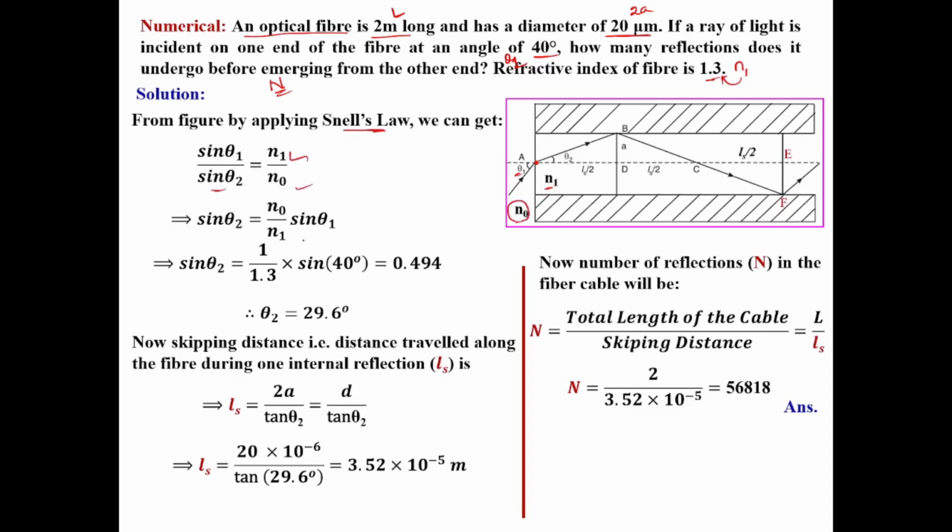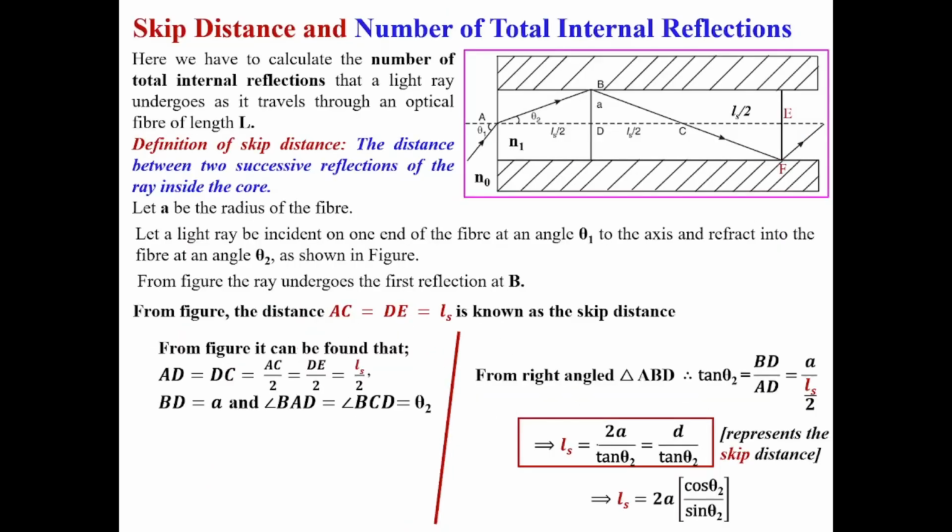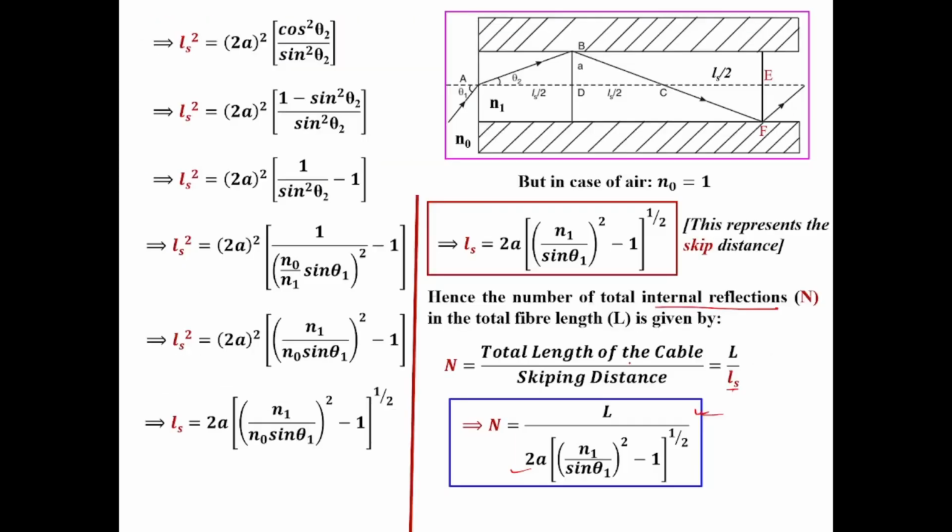So that implies sin theta 2 will be equal to n naught by n1 into sin theta 1. n naught is always the medium, or nothing but your air, so its refractive index will be 1. n1 is given as 1.3 here, theta 1 is given as 40 degree, and we find theta 2 equal to 29.6 degree.